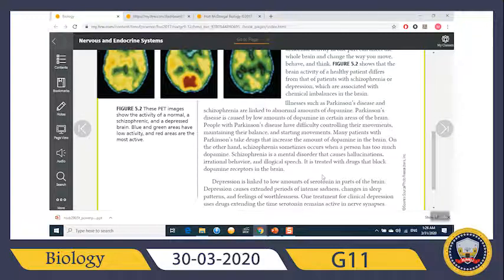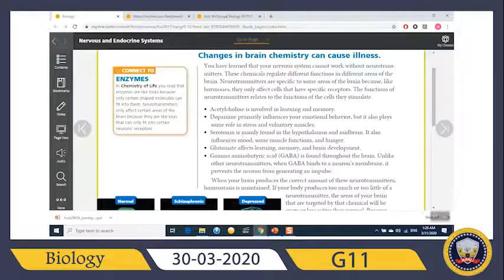Depression also is linked to a low amount of serotonin. If you remember, serotonin plays a role in mood, okay, and some muscle function. Let's say you are suddenly in the mood to listen to music.